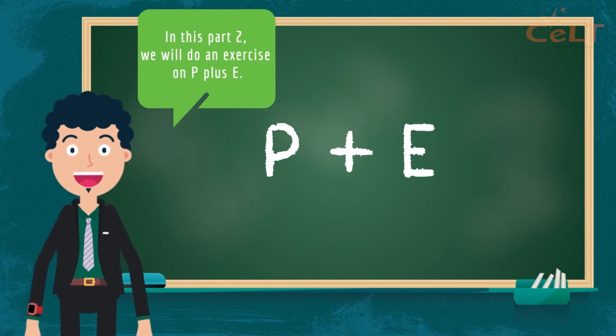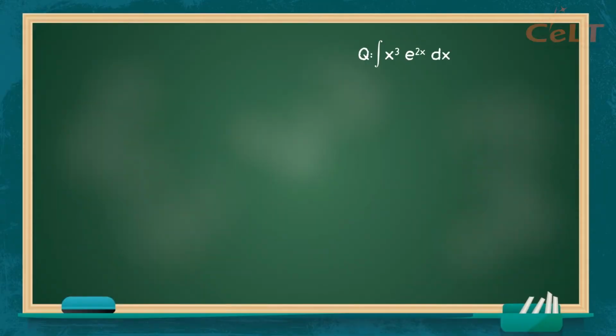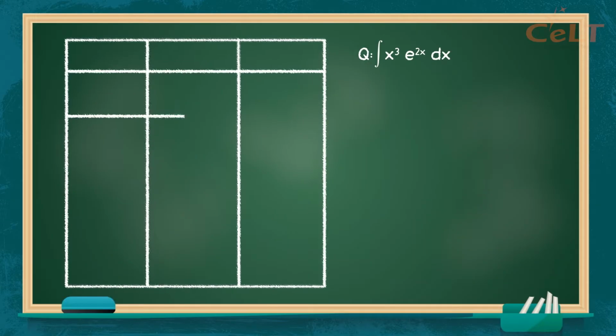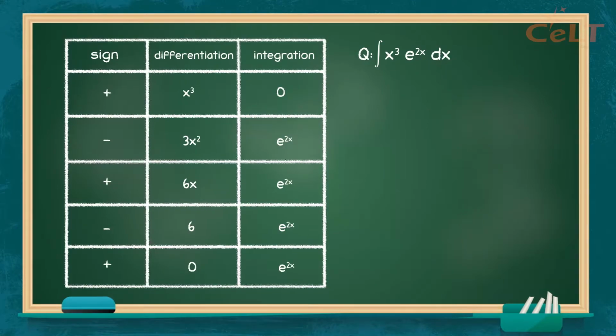In this part 2, we will do exercise on P plus E. First, you have to do a table that includes 3 columns: sign, differentiation, and integration. Put a plus sign first and follow by minus sign. This sign will continuously alternate until the differentiation and integration find the simplest function.